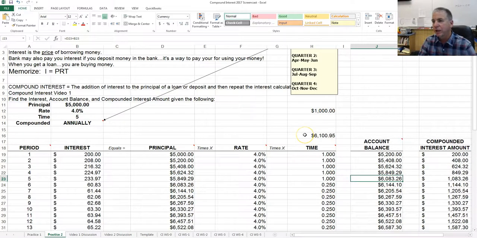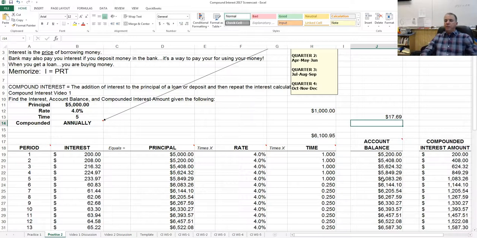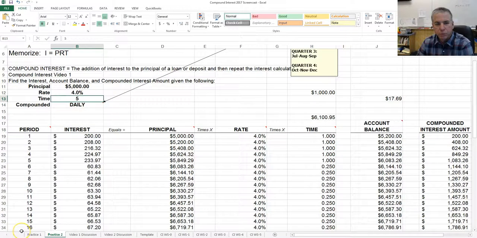So by compounding more frequently, we did end up with some more money. Well, let's see how much we ended up with here. This was compounding quarterly, and this was compounding annually. So we ended up with close to $18 more by compounding more often.